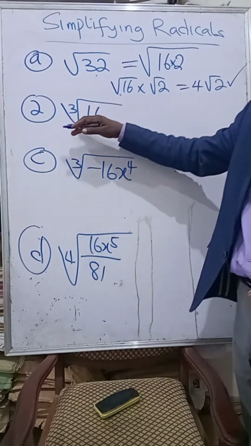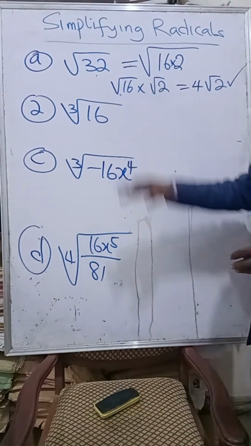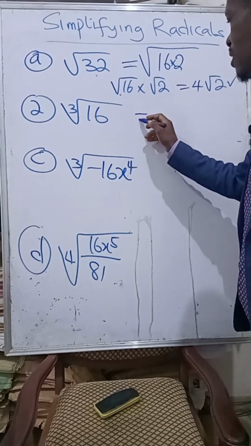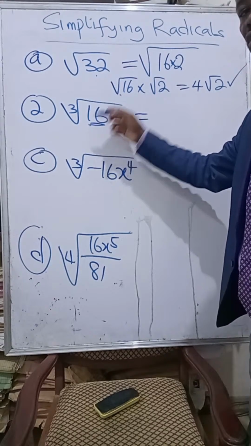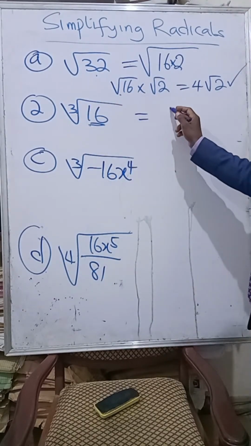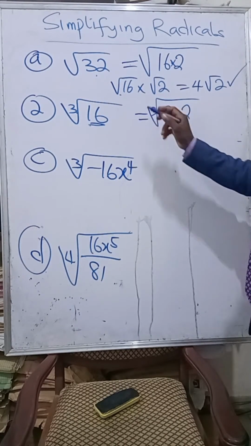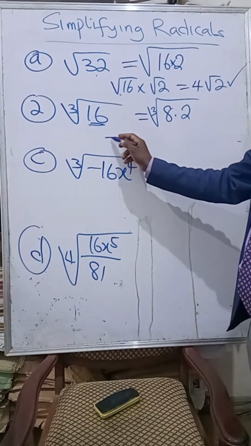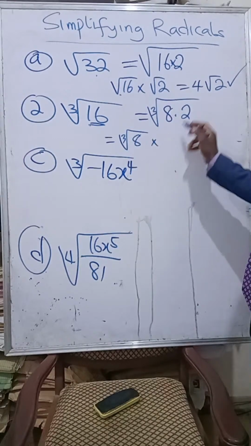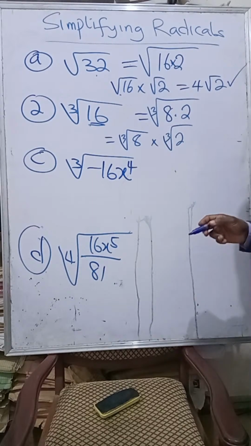Also, this one, there's no cube root for 16. In such cases like this, you must avoid having decimal. So what we're going to do in this case is to split this one also into 2, such that one of them will have a cube root. So that will be 8 times 2, which is equal to cube root of 8 times the remaining one, that will be cube root of 2.